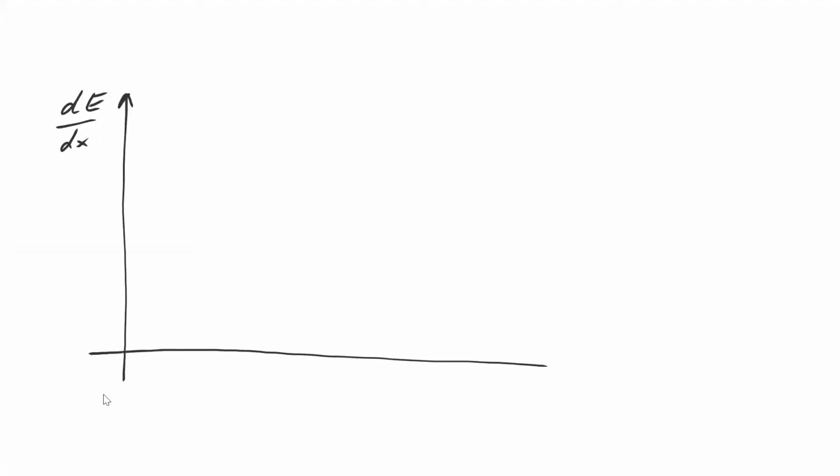So let me roughly plot the dE by dx, the magnitude. Of course, it's going to be negative. The particle loses energy as it's traversing material.